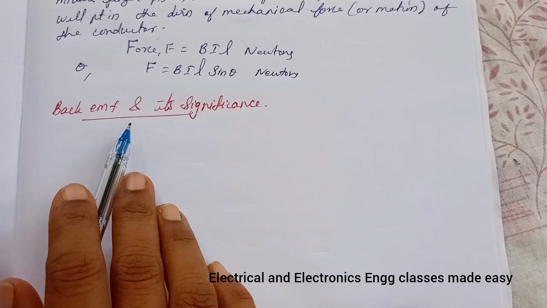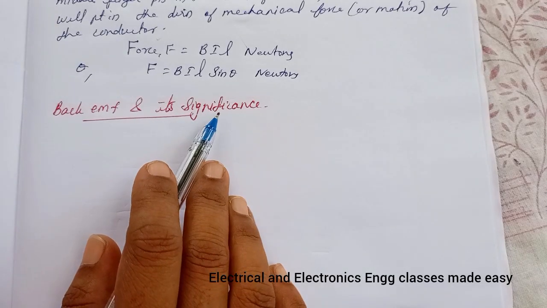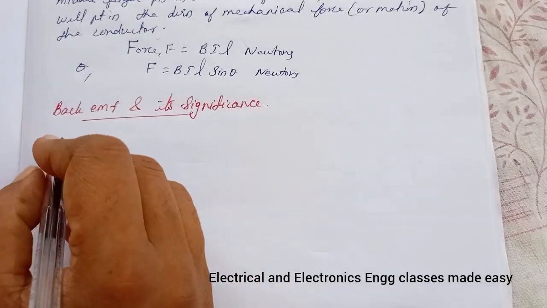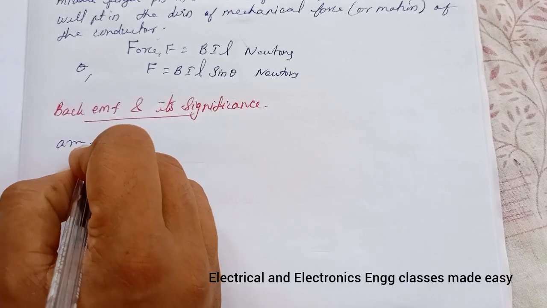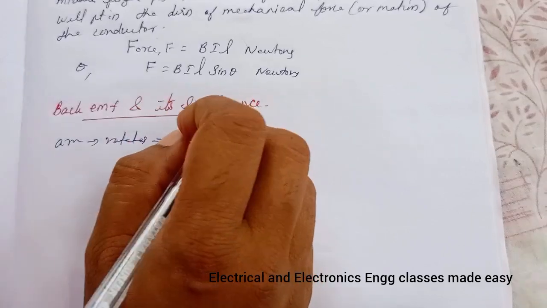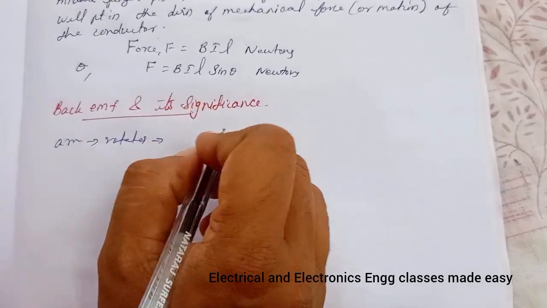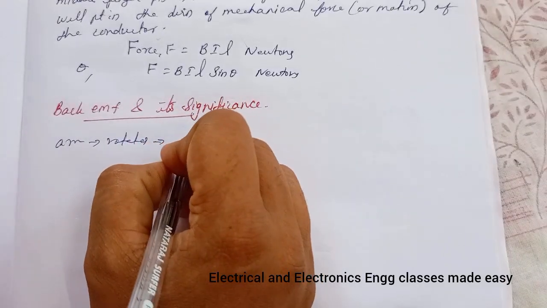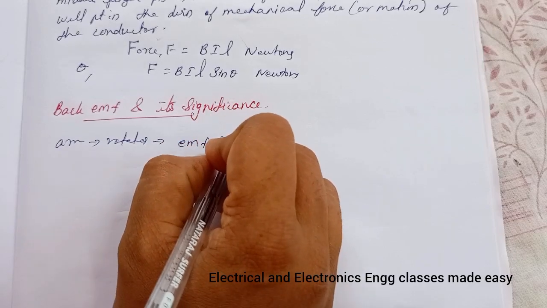Next is back EMF and its significance. When the armature of the DC motor rotates, then armature conductors move through the magnetic field and hence EMF is induced.